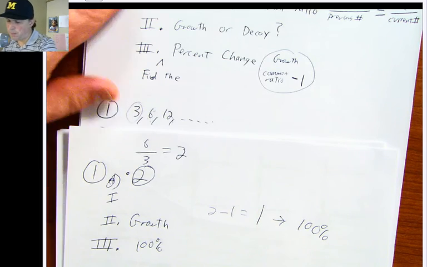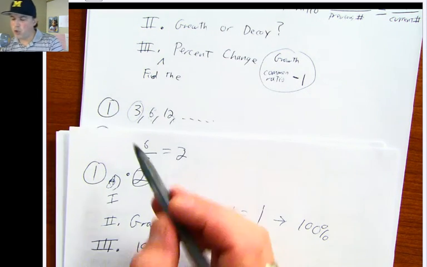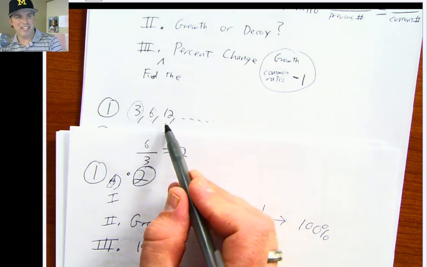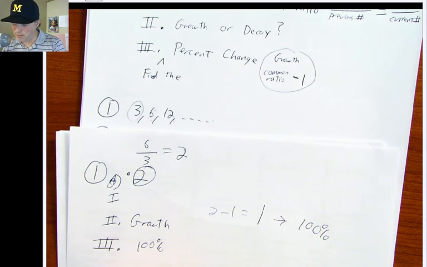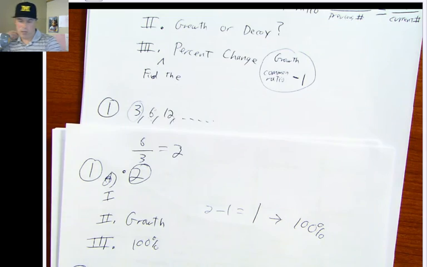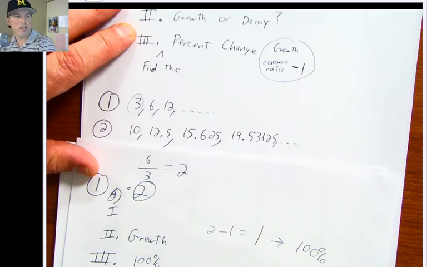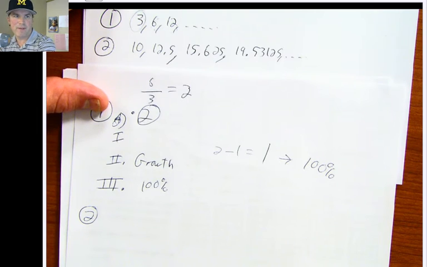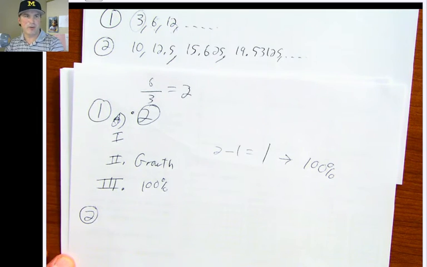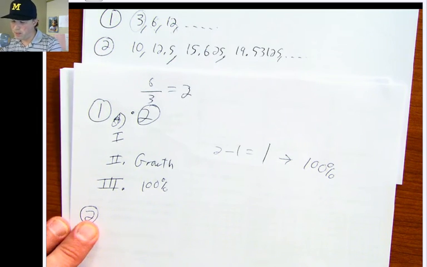Okay, so I used a simple example to teach myself how to solve a more complicated example, such as this one. Let's say I had 10, 12.5, 15.625, and so on.